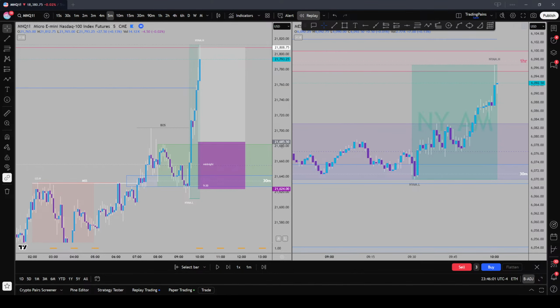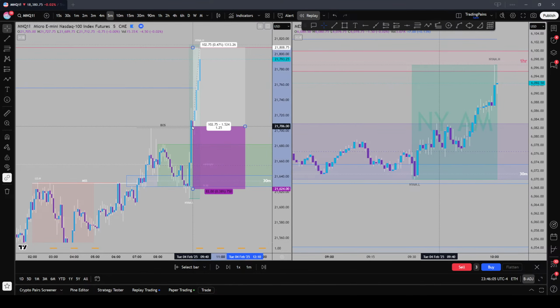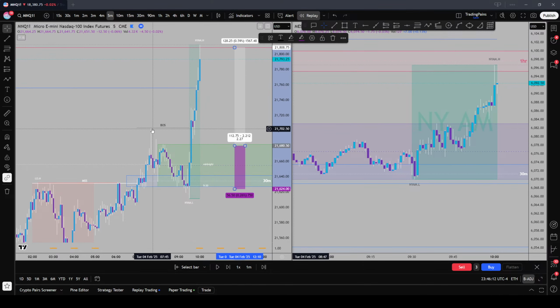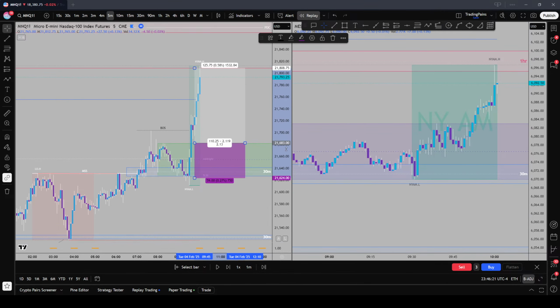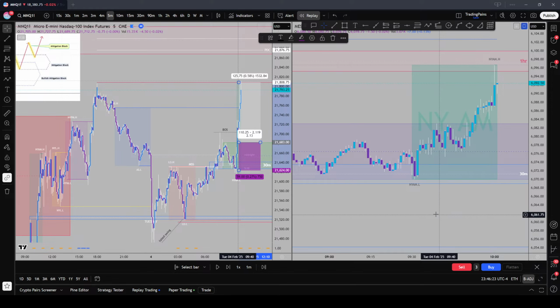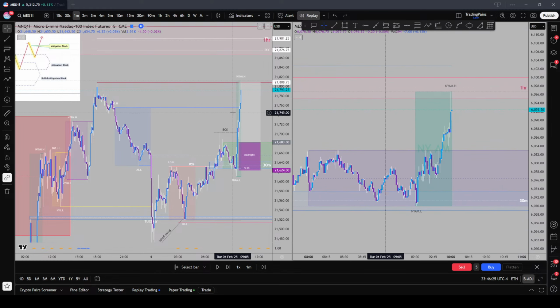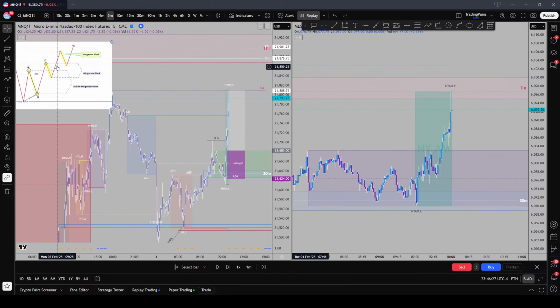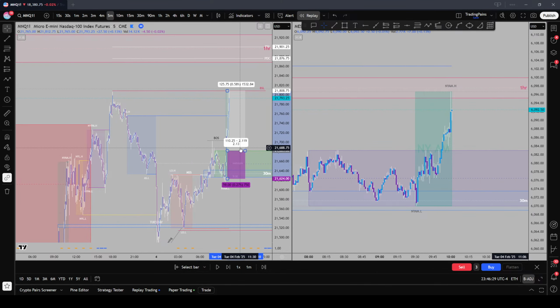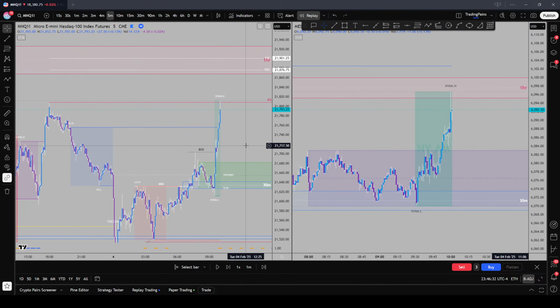Huh, never mind. The time to enter was right here. So it's 5 minutes right here. Interesting. Well, it took out Asia high. And it tapped into this 1 hour mitigation block on the EF. So let's not consider this trade anymore.